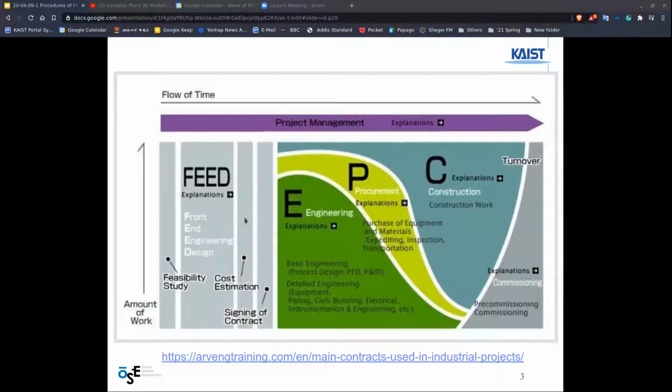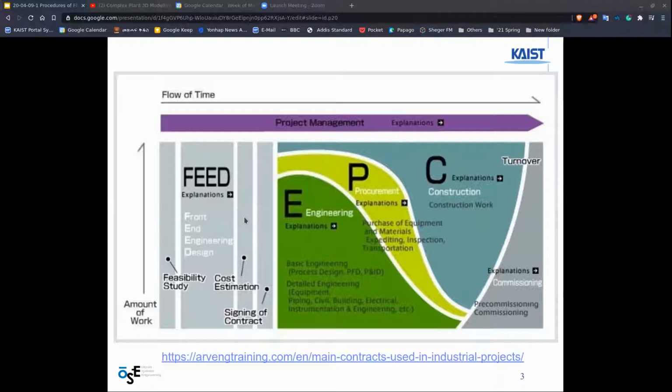As we have seen before, using the analogy of home building, first there is the FEED part. The client or the owner of the house presents what he wants and also does some kind of cost estimation.